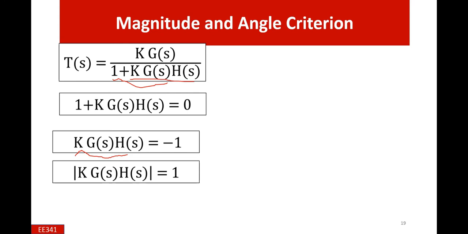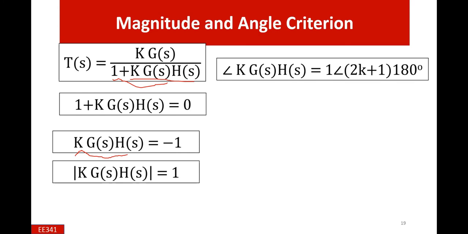If we find the open loop transfer function and take the magnitude, the mod value of that complex part, then it is equal to 1. And similarly, the phase angle is that of -1, which is 180 degrees.